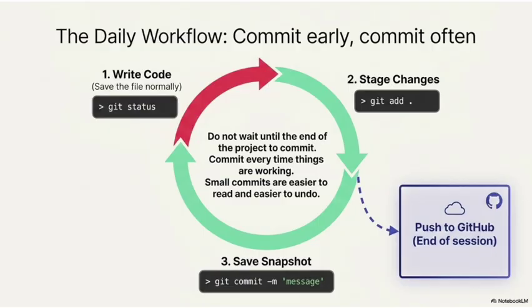The hash, a short alphanumeric code like a1b2c3d, is a unique ID for that specific snapshot. You can reference any commit by its hash to compare differences, revert changes, or back up in time. Reading the log tells you exactly what happened, in what order, and at what moment. The complete diagnostic timeline of your project.